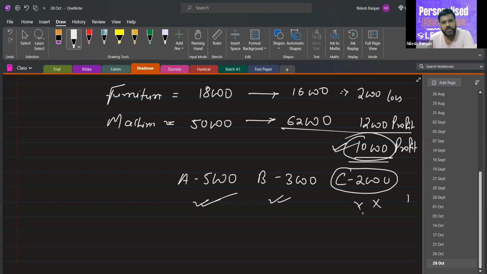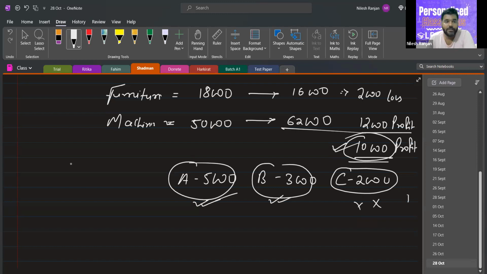No. He will say that I have a share in past profit. If there is any past profit in the business, then I should get a share in that profit also. So that's why we need to revalue our assets and liabilities.